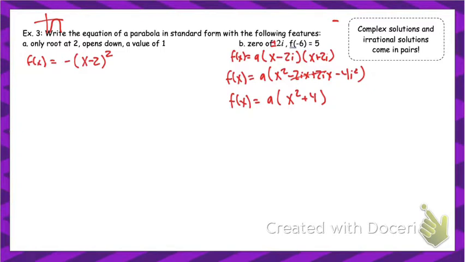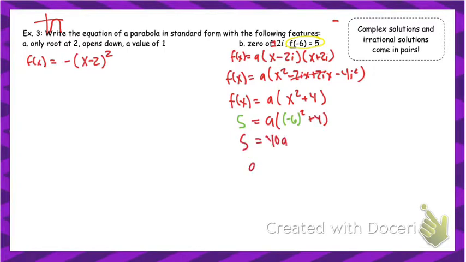Now from here I just need to solve for the a value, and I'm going to use the information that I have on there. I'm going to replace x with negative 6 and y with 5, and then continue and solve here to get a. That was squared, so 5 is equal to 40a.